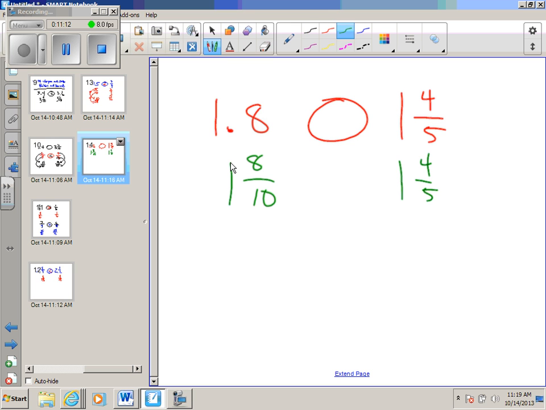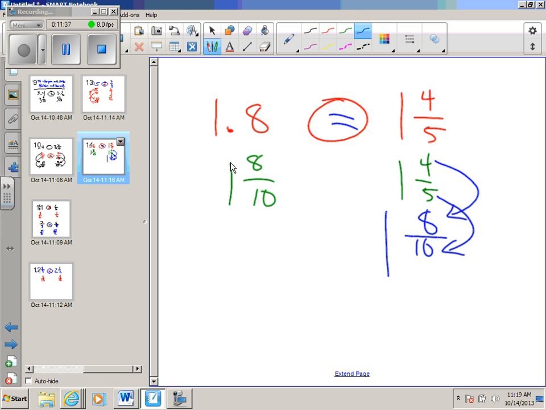Okay? So between the 10 and the 5, we should probably use a 10. 5 times what? 2. So 2 times 4. 8. So 1 and 8/10, 1 and 8/10 must mean that they're equal. Carlos?